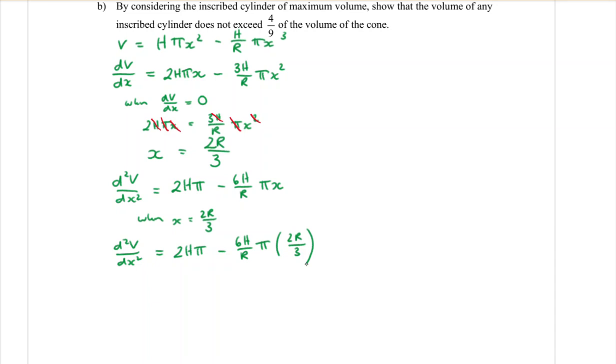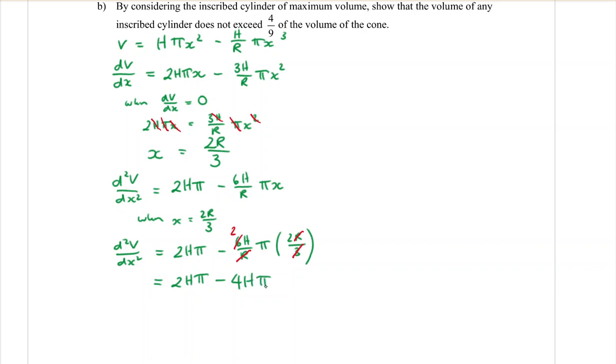What can I cancel? Nothing with the 2h pi yet, but we have got r on the bottom, r on the top, because they're multiplied. We have got the 3 and the 6. So 6 divided by 3 gives me a 2 on the top, and the 3 on the bottom would cancel off. So there's actually no denominator left there at all. There is a 2 times 2, which is 4, a minus 4, and a h and a pi.